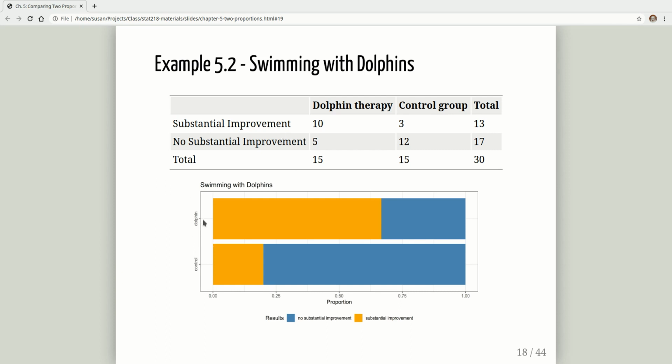Alright, so down here we've got the dolphin group and the control group, and we can see that 2/3 of the total number of people are in the orange category, and that corresponds to substantial improvement. And we can see that 1/5 of the people in the control group also substantially improved.